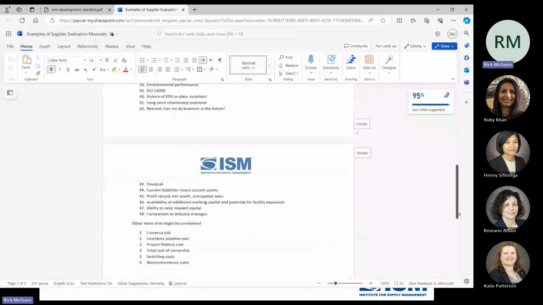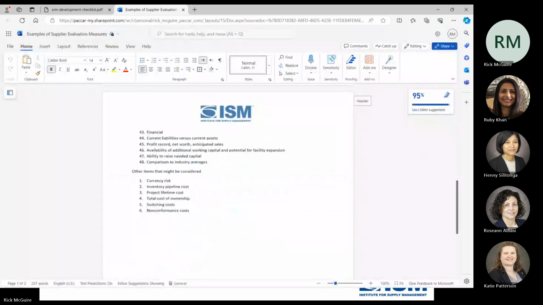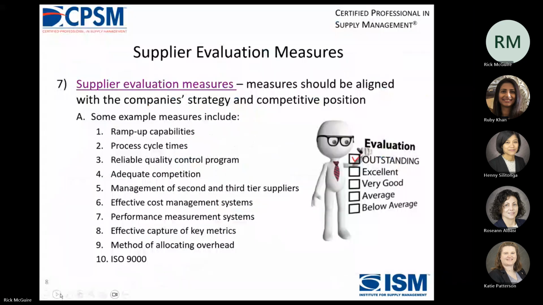It's a pretty good list. But it's things like ramp up capabilities, process cycle times, adequate competition, how do they handle their second and third tier suppliers, cost management. Then you've got how well do they capture their key metrics. Are they ISO? Are they IATF?